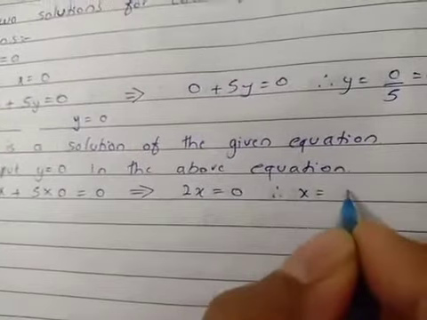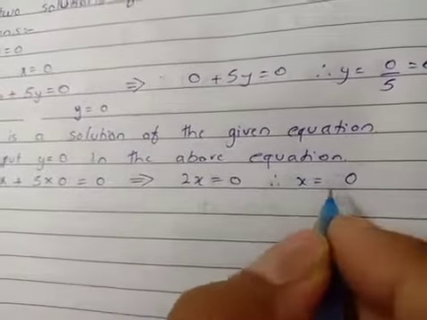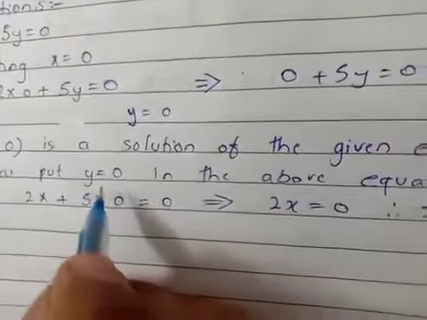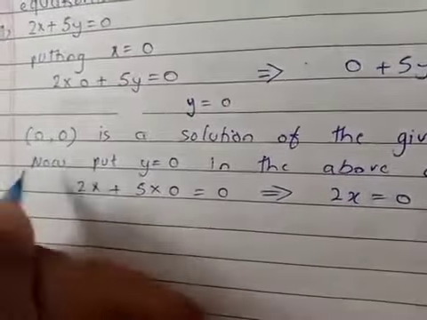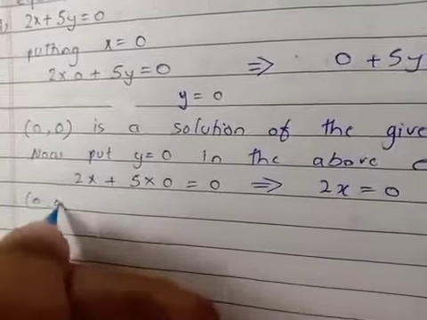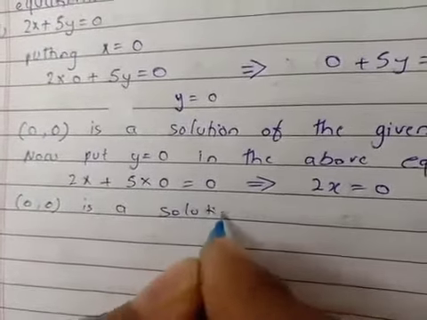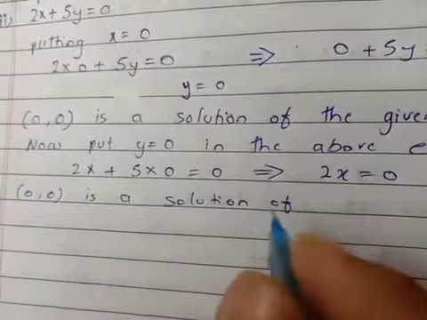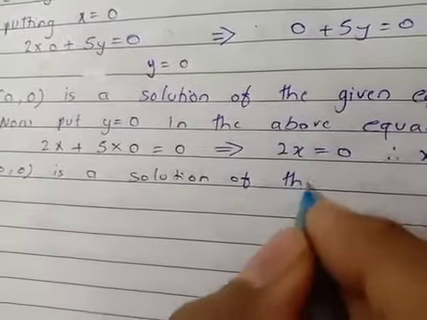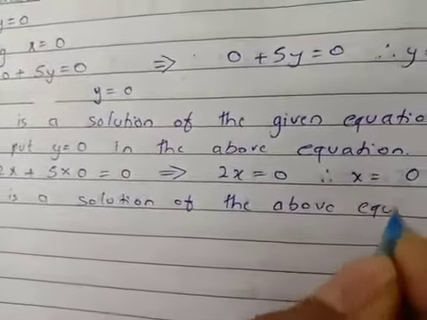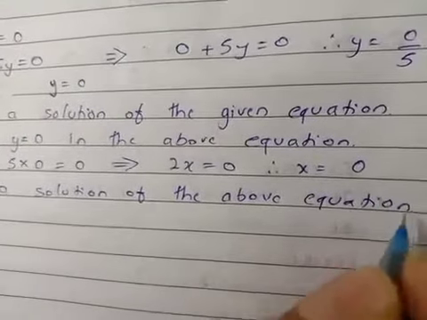Therefore x equal to 0. We got x equal to 0 on putting y equal to 0. So you can write that 0 comma 0 is a solution of the above equation.